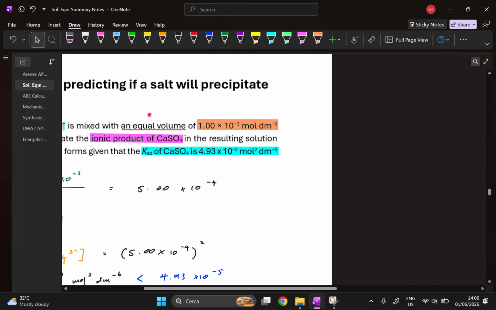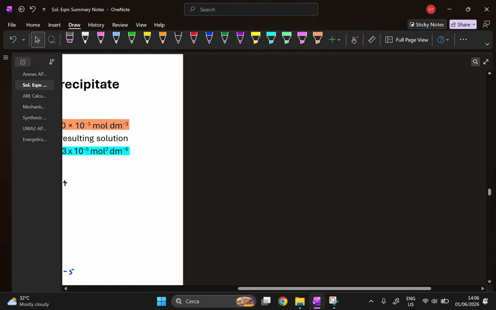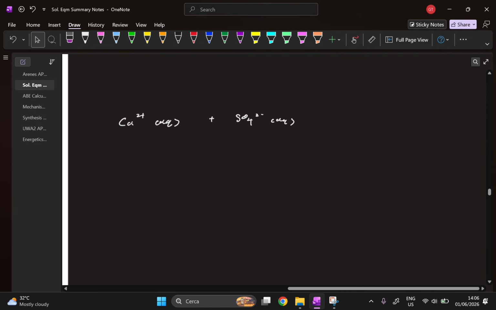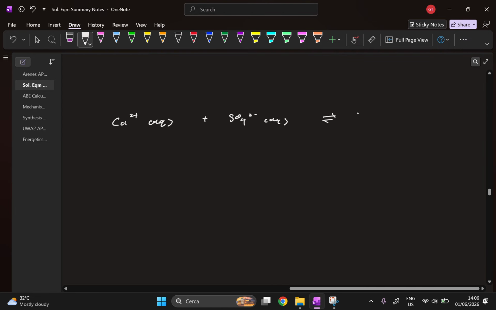But basically, in this case, my reactants are the two ions. Okay? And then I am trying to form my CaSO4 salt, right? So this is going to be a solid. So if I want precipitation to occur, it means that I want this reaction to proceed in the forward direction, right?